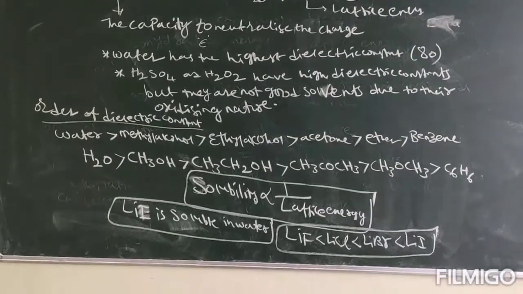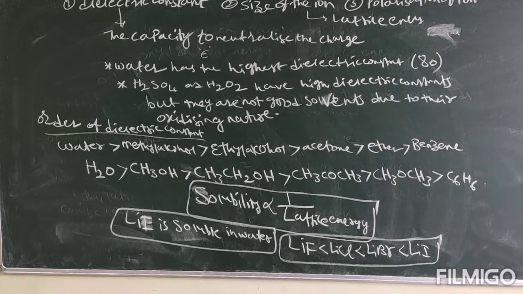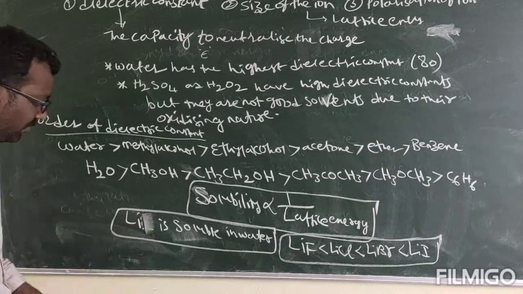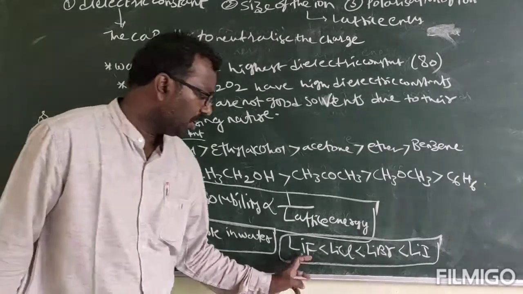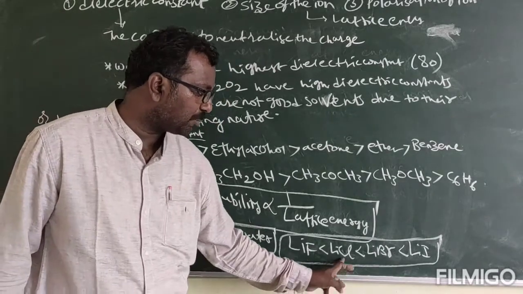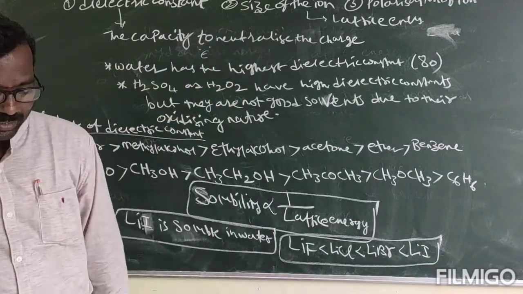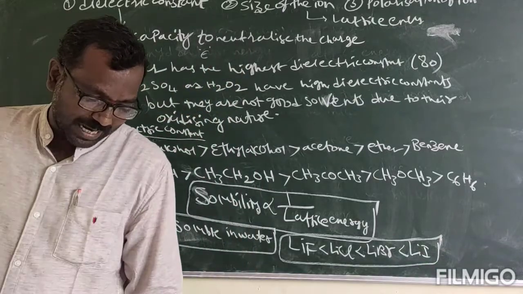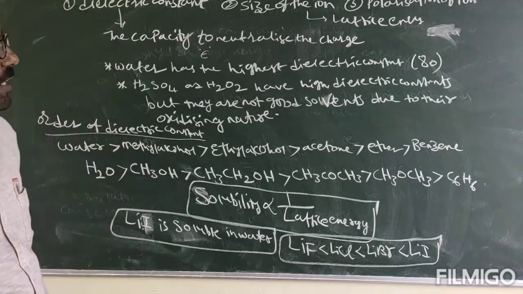Lithium iodide is soluble in water. So the solubility order is lithium fluoride less than lithium chloride less than lithium bromide less than lithium iodide. Lattice energy decreases with increase of anionic radius.